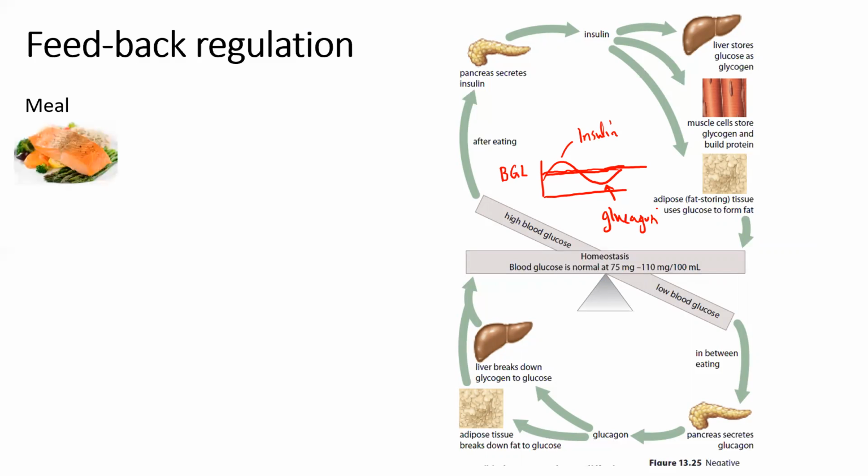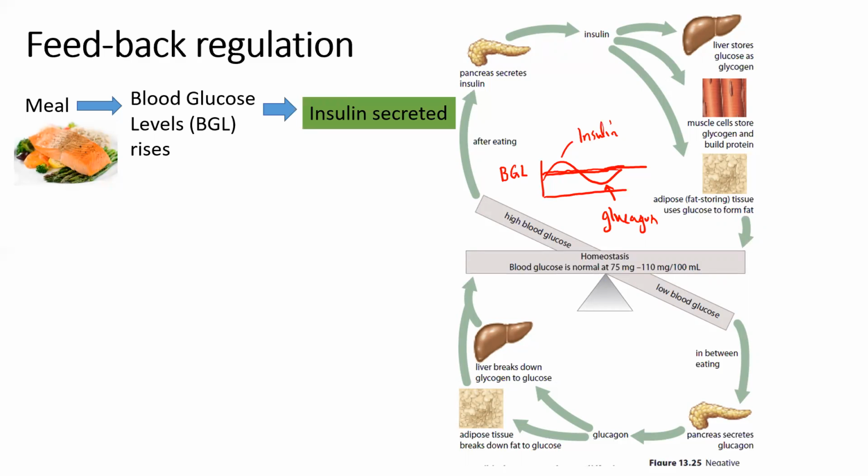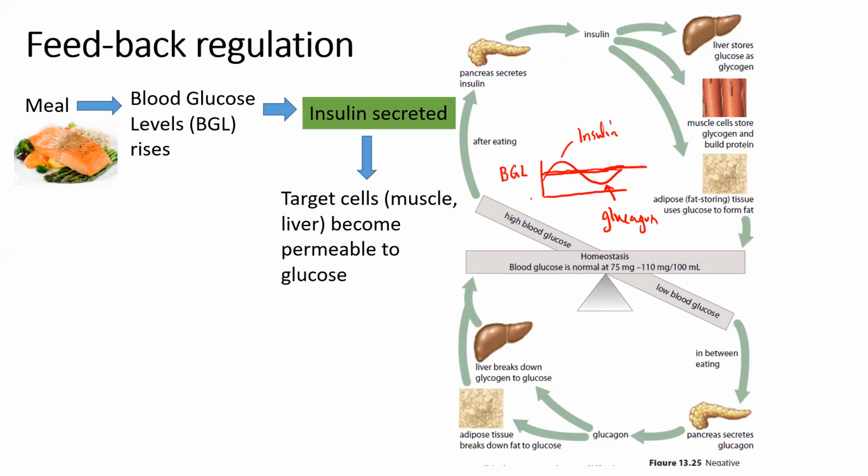Okay, so after a meal, BGL levels are high. Insulin is secreted. Target cells are muscles and liver, which become permeable to glucose. Now, your reading on the big assignment also talks about type 2 diabetes and the effect on the nerve cells, neurons in the brain. So take a close reading on that.